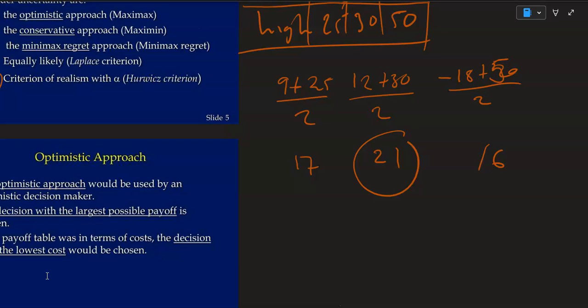So if I say I have a coefficient of optimism of 0.2, 0.2 is very close to 0. So what you are indirectly saying is that the chance of it happening is like 20%. You feel like, yeah, 20% is how I feel this deal will be successful.